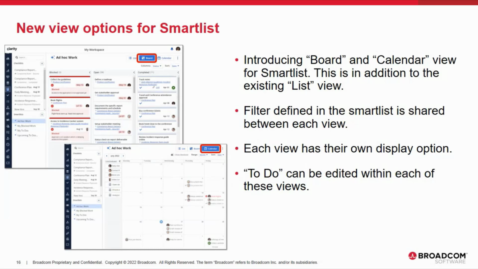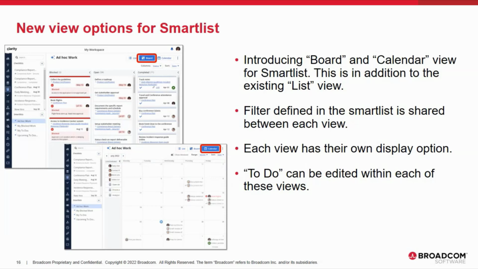Each view, when you go into it, will have its own options that you can use to configure how to see the data within that view, such as the board view. You can configure it to see it based on the owner or the status, or in the calendar you can see the data in either a month or a week. And again, we will cover those in detail later.